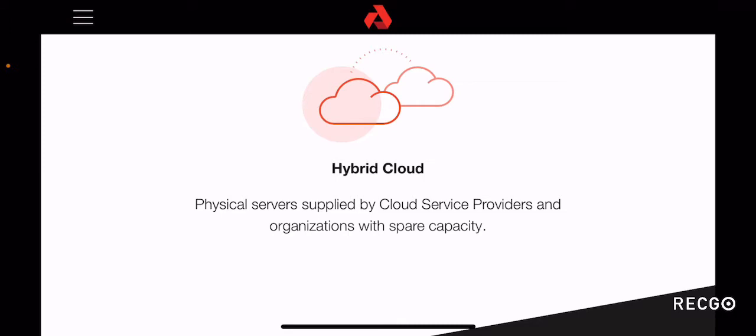So again, just like several projects that rely on people to contribute either mining power or storage capacity, Akash Network has cloud service providers that offer their spare capacity, and that's basically how it maintains decentralization, and it's provided in return for an incentive, right? So that's basically how decentralized and how hybrid the cloud system with Akash Network is.